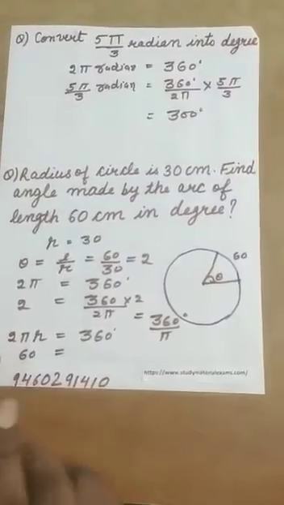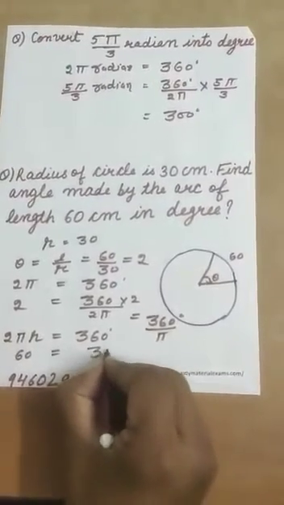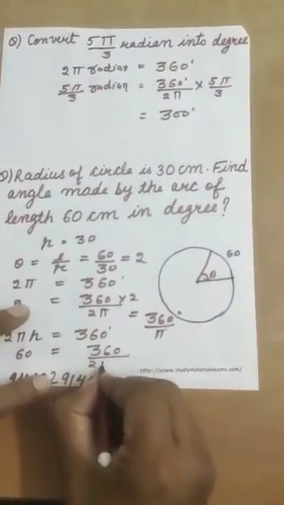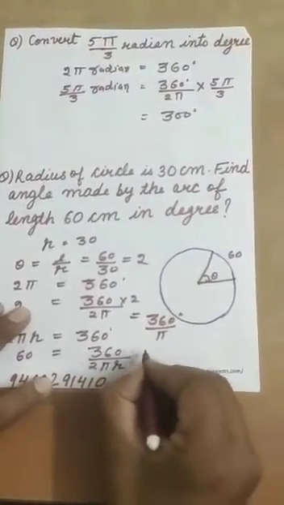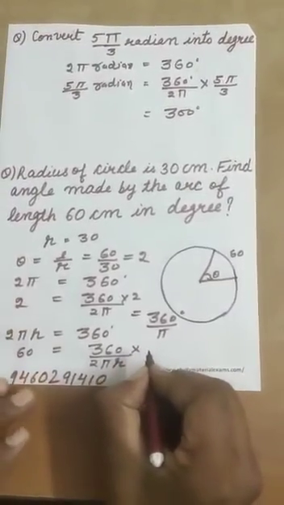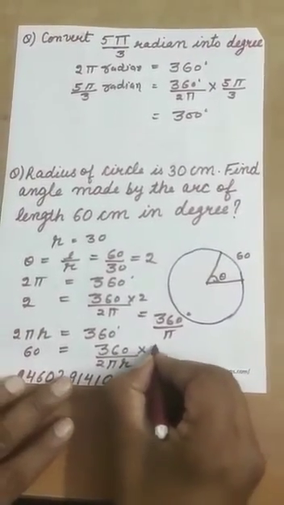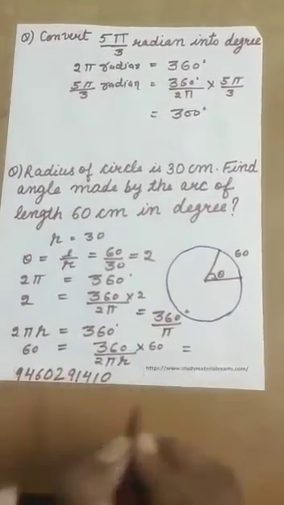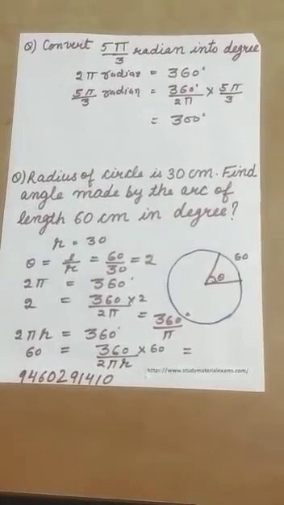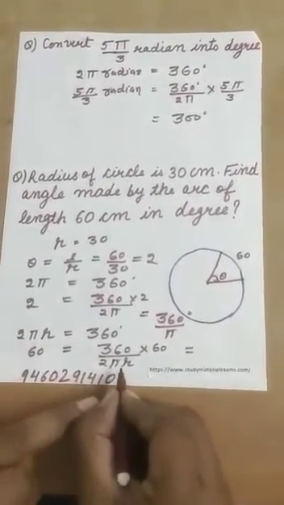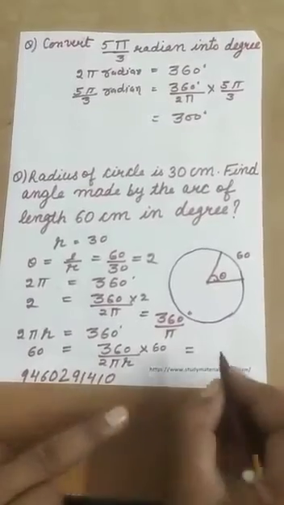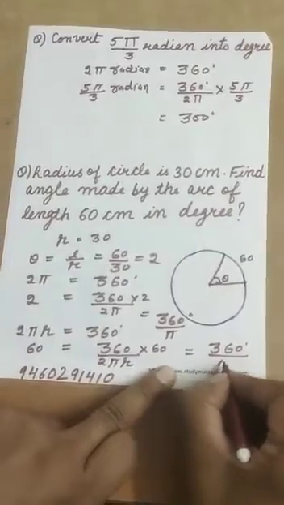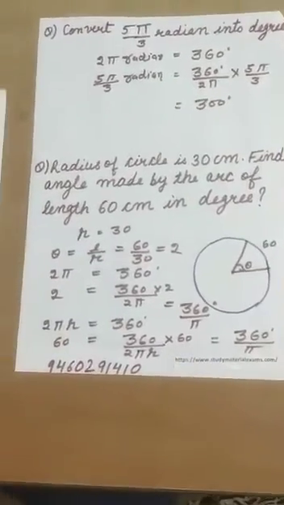When the length is 60, then it will make the angle 360 divided by 2 pi r into 60. So this is the second method, in which we put the value of r equal to 30 and solve again. It will become 360 upon pi. In this way we can solve these questions.